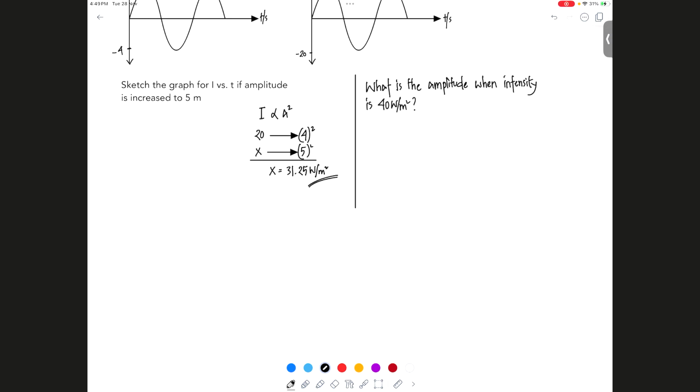What is the amplitude when the intensity is 40 watt per meter square? So now the amplitude is what you have to find, not the intensity.